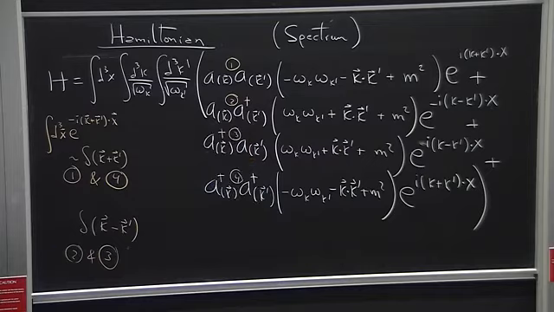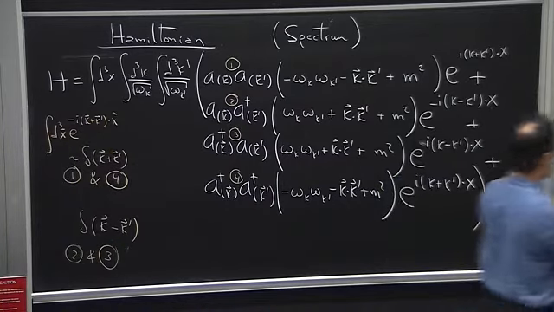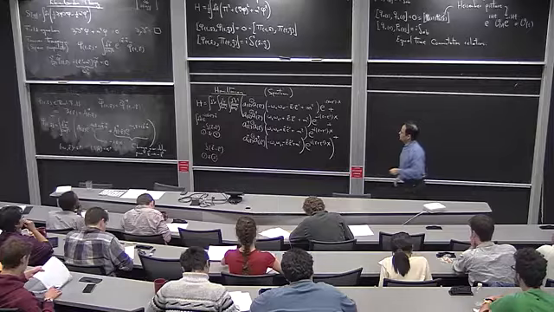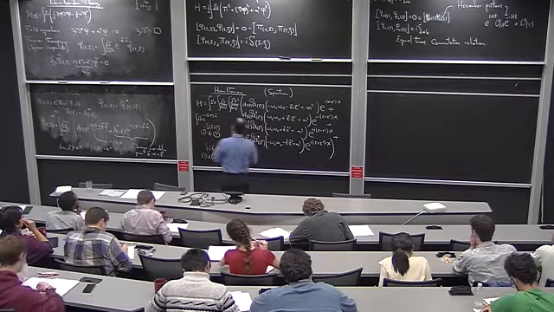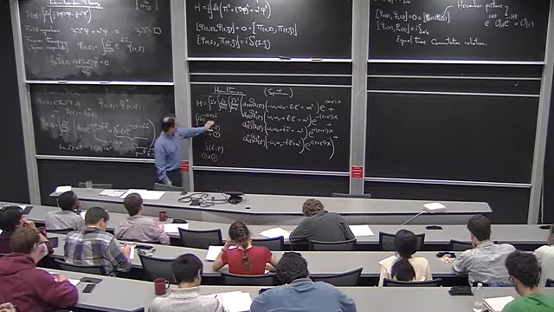That seems like a very trivial change or difference between these terms, but it has a profound impact. And the reason is the following. Well, let's look at these ones first.